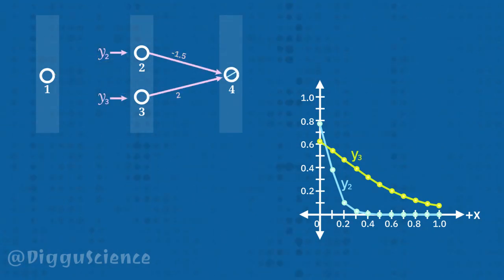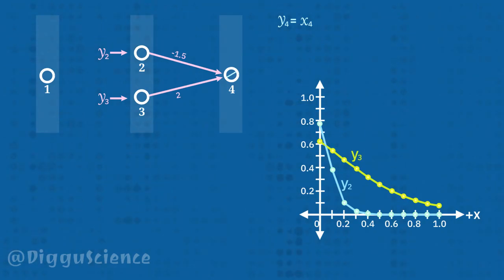Now, we will calculate the output values from node 4. Node 4 has weight values of -1.5 and 2, has no bias value, and the activation function is a linear function. In a linear function, the input value will automatically become the output value.